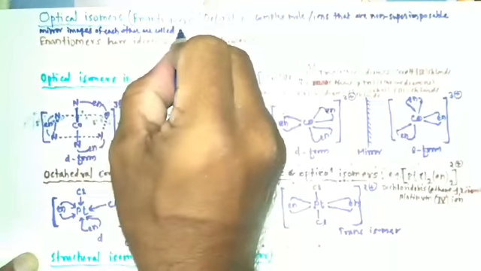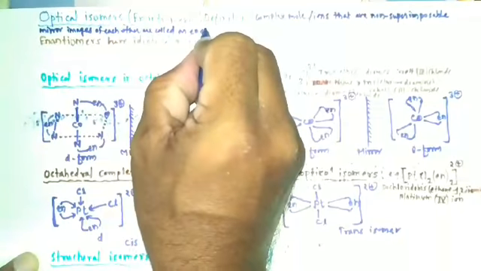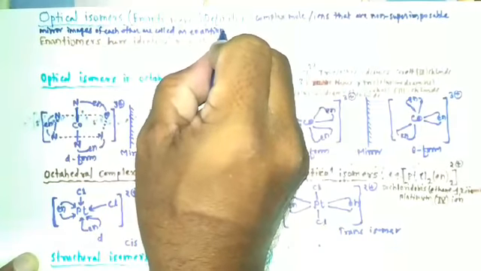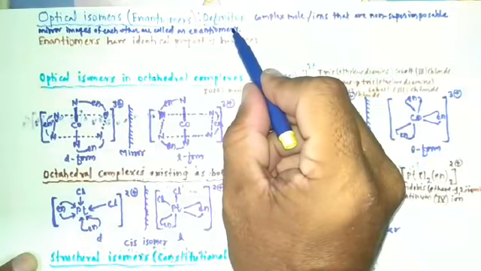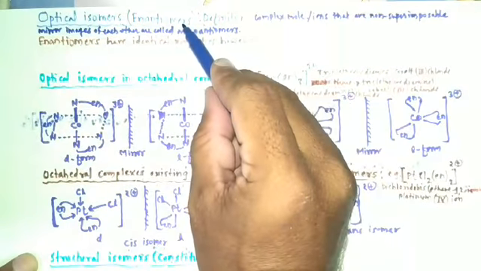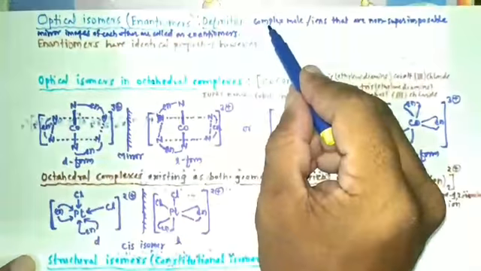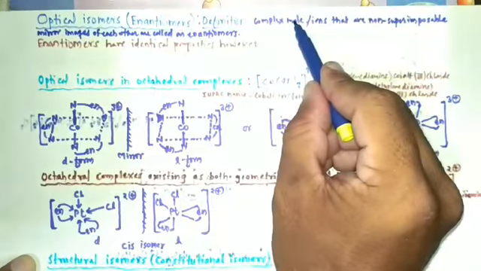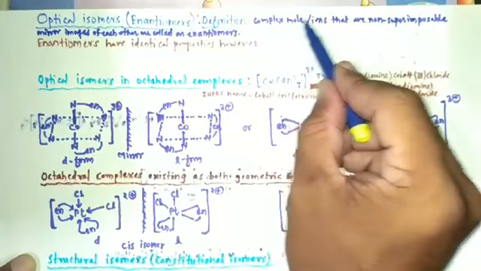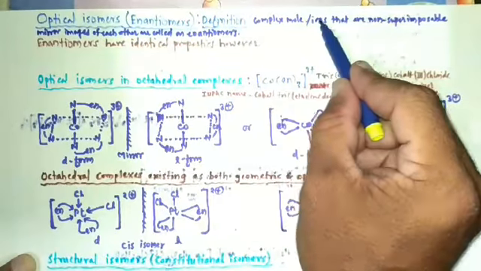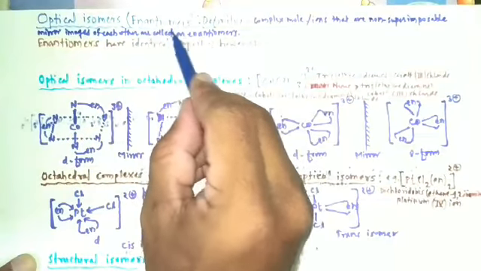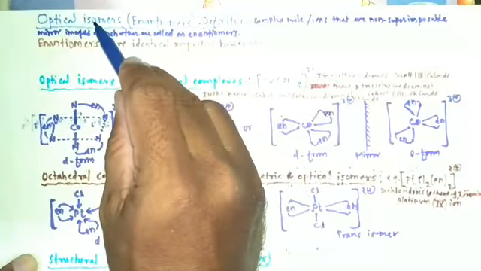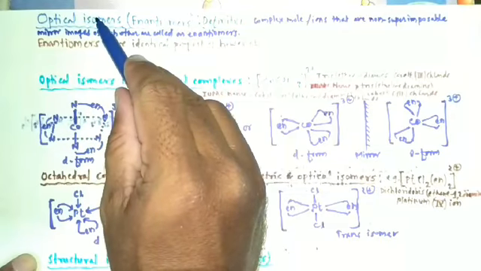Listen once again. Complex molecules or ions that are non-superimposable mirror images of each other are called enantiomers, or they are also called optical isomers.